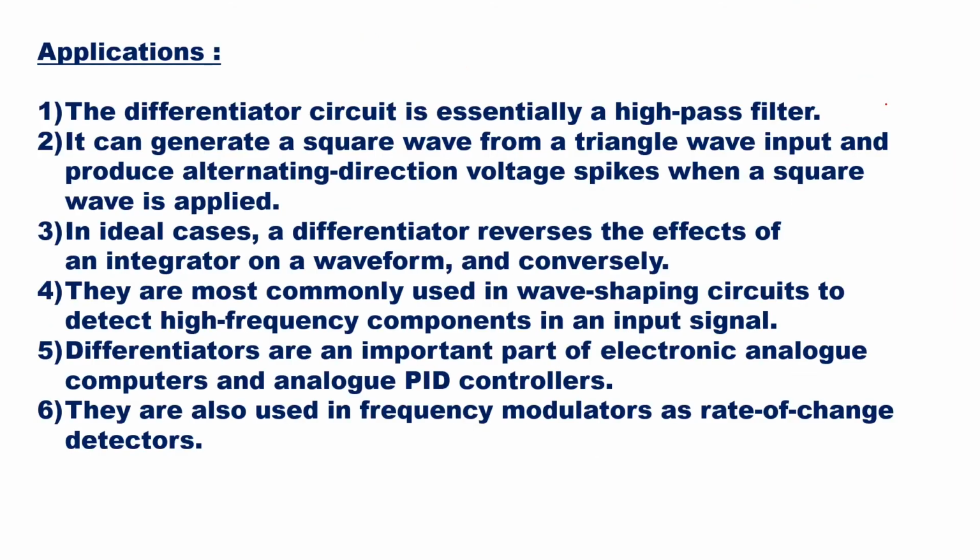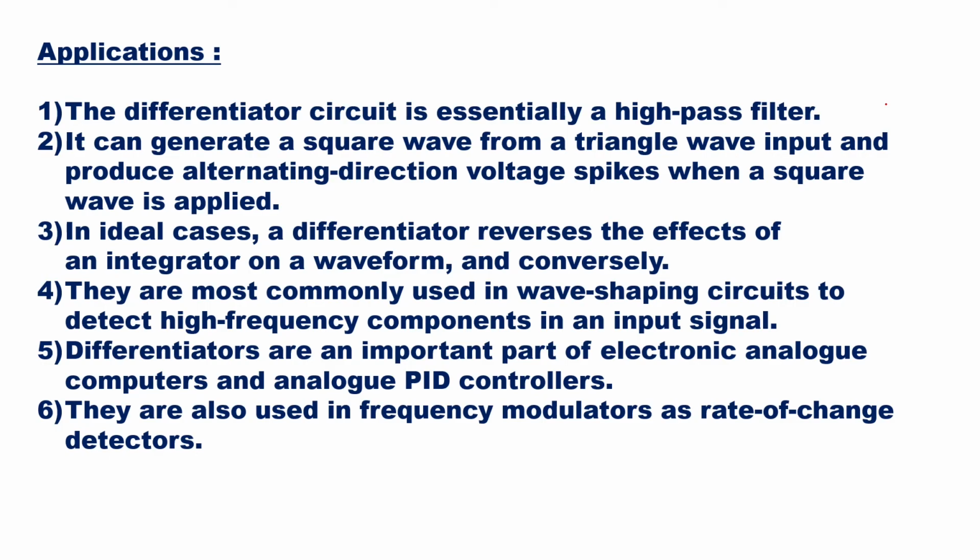Now, some applications of the differentiator. The differentiator circuit is essentially a high pass filter. It can generate a square wave from a triangular wave input and produce alternating direction voltage spikes when a square wave is applied, which we have seen. In ideal cases, a differentiator reverses the effects of an integrator, so it works as the opposite of an integrator.